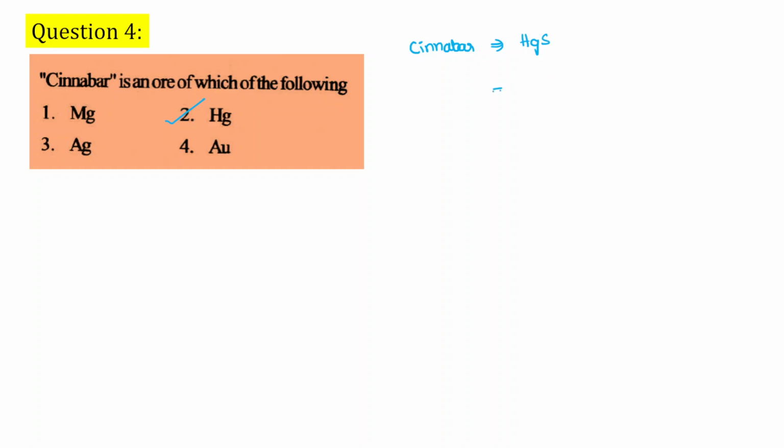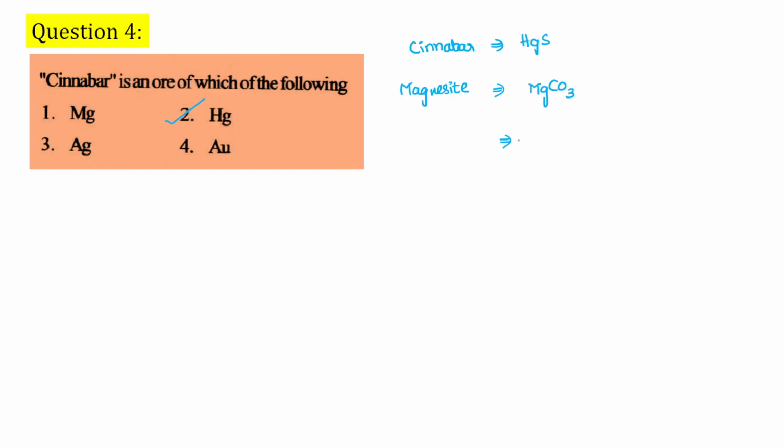We also have magnesium, but magnesium will not have a sulfide. Instead, it will exist in the form of a carbonate. We call that magnesite. And Ag and Au are generally non-reactive, which means they will not exist in the form of oxides or sulfides.